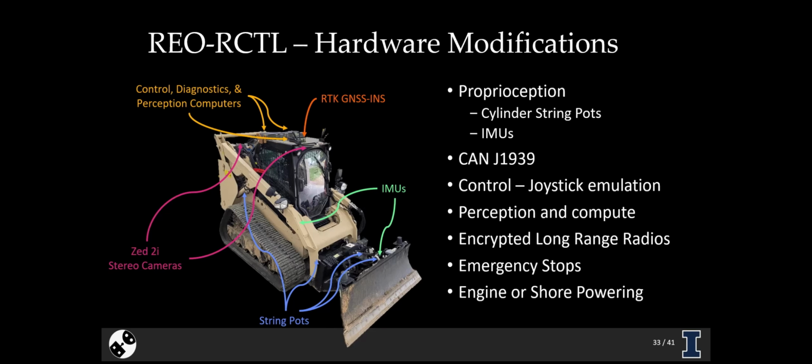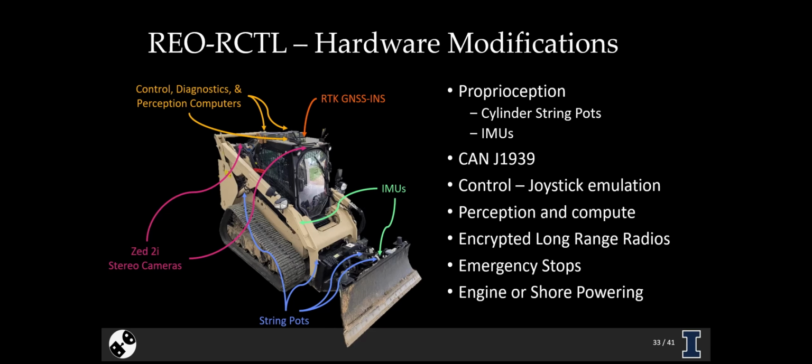A lot of the proprioceptive sensors, as well as the onboard vehicle diagnostics, use this CAN J1939 framework. We chose that because it's really robust when we're running these long wires. Additionally, the system has a GPS that's used for ground truth measurements, not used in these tests currently.